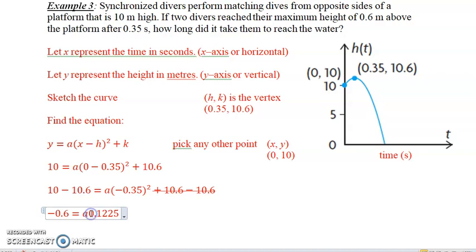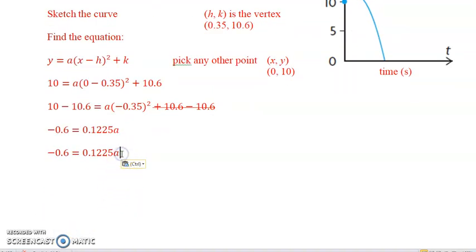And then the a value, we normally put that at the end. We usually have the numeric coefficient and the literal coefficient. We take that step now and we divide both sides by the coefficient, 0.1225. The 0.1225 divides with the 0.1225, and again, you don't have to show me this.